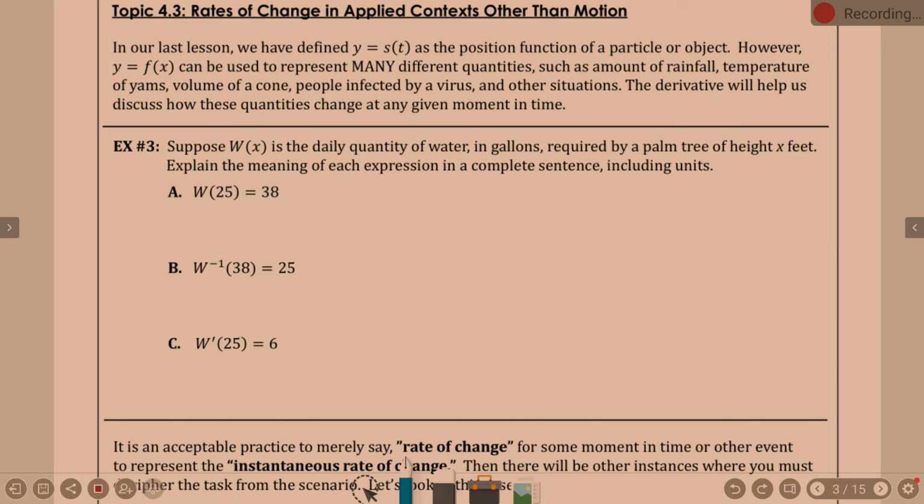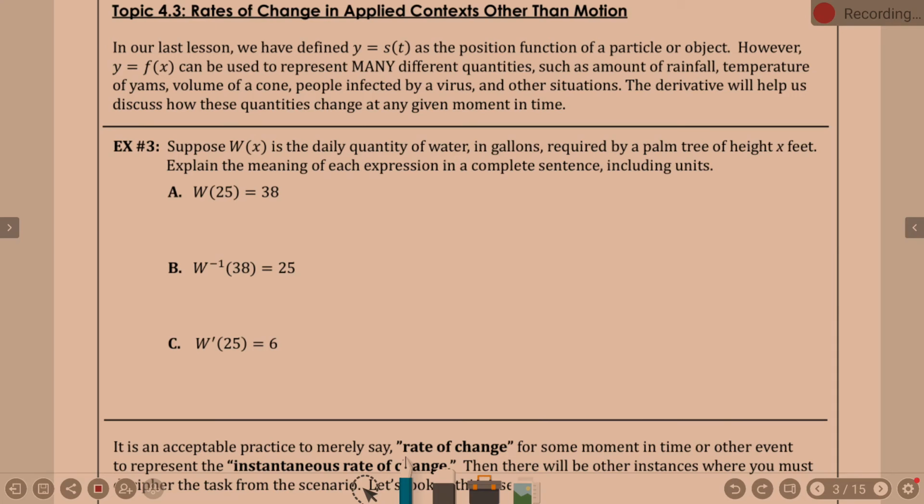So suppose W of x is the daily quantity of water in gallons required by a palm tree of height x feet. So my palm tree that is x feet tall requires W of x gallons of water each day. Explain the meaning of each expression in a complete sentence including units.